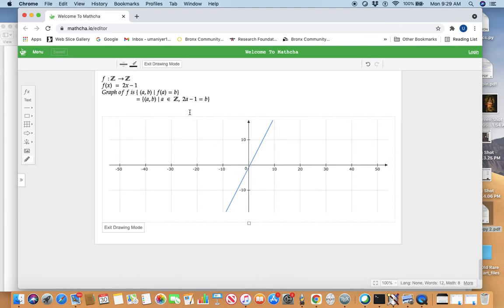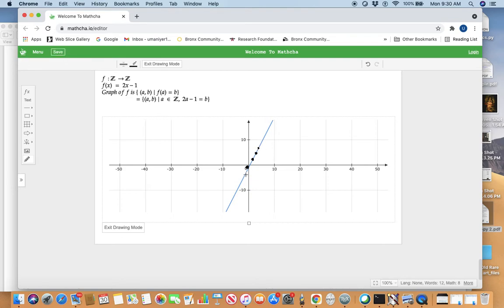So when a is 0, b is negative 1. When a is 1, b is 1. When a is 2, b is 3. I hope you understand, I'm plugging in the values. When a is 3, b is 5.